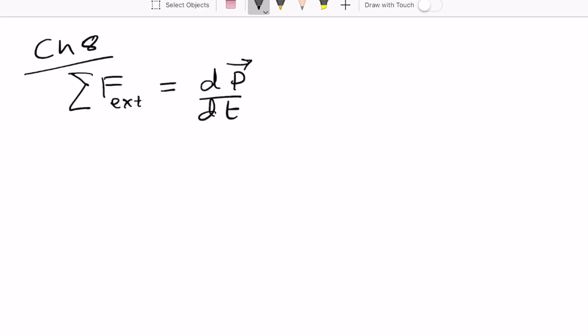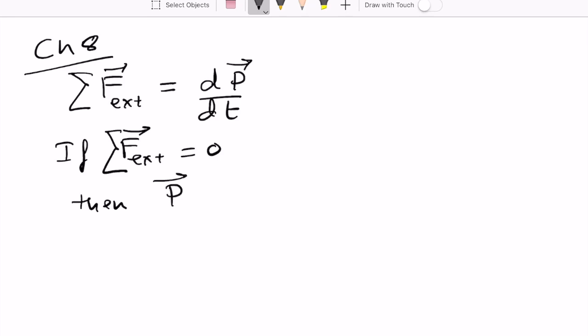And from here, we had seen that if the net external force is zero, which means all the external forces cancel out or there is no external force at all, then dp dt is equal to zero. So if F external is equal to zero, that would mean dp dt is equal to zero. And so P would be conserved.